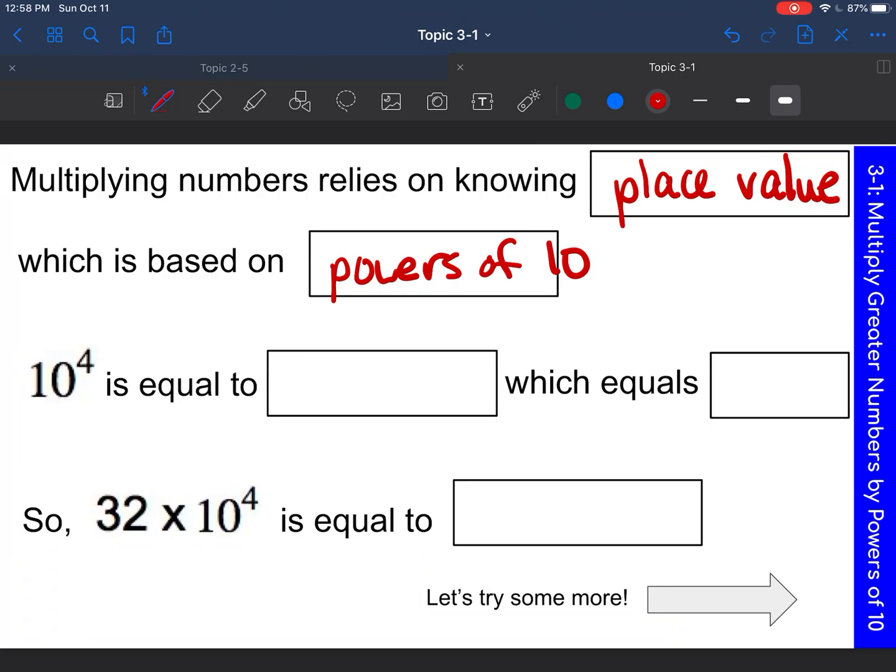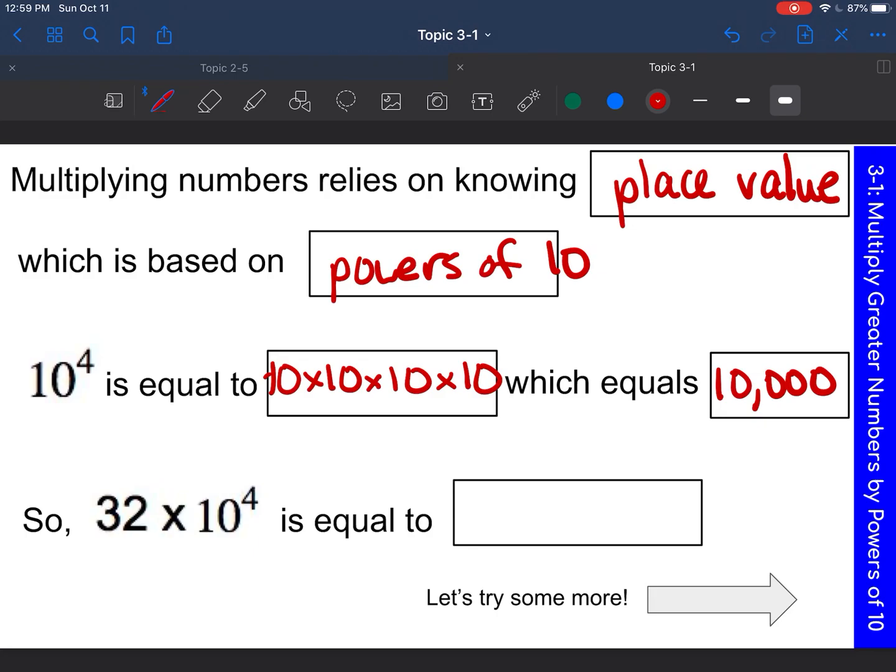For example, this next one says 10 to the power of 4. Again, this should be a little review. 10 to the power of 4 is equal to what? We know that if the exponent is 4, we're multiplying the base by itself 4 times. So it's equal to 10 times 10 times 10 times 10. That's written in expanded form, and we know it is equal to 10,000.